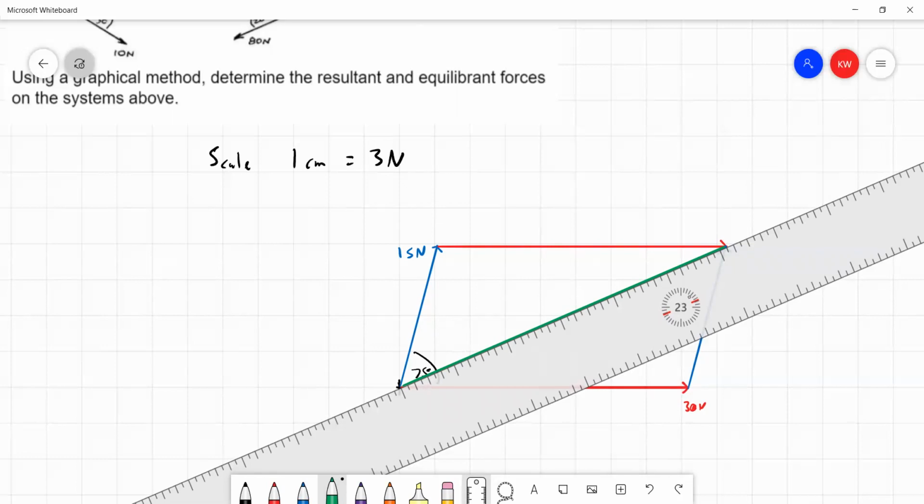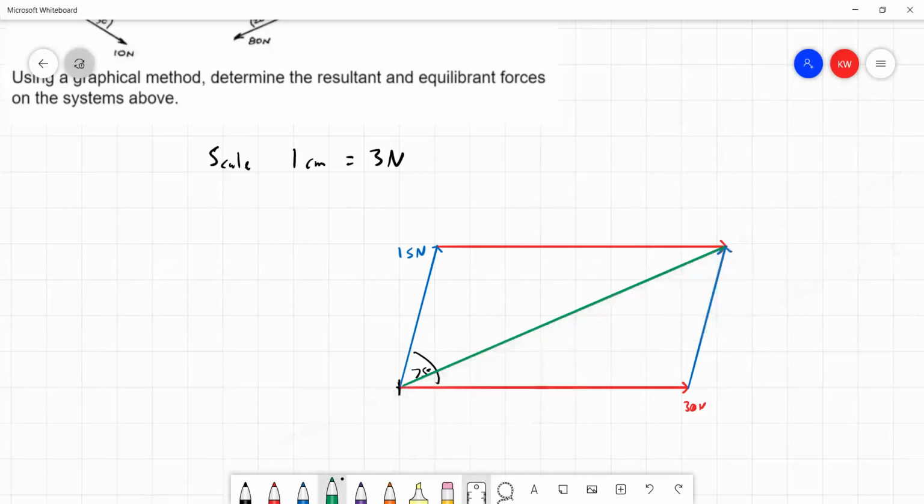So looking at my ruler here, I make that to be about 12 1/4 centimeters. So that's what I'll write down in a second. And the angle up from the horizontal, we can see that on the screen because of this ruler we've got here, is 23 degrees. So I can write all of this down.